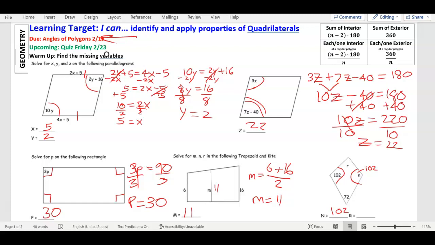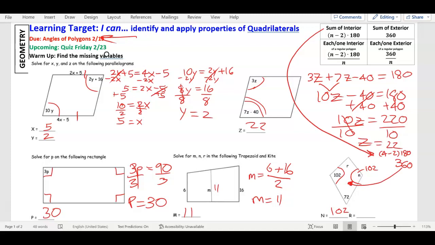It is 360. Now, if you don't know what they add up to, do you remember this sum of the interior angle formula? Like if you plug in 4 minus 2 times 180, you get 360. Okay? So, just as an aside, you can use this over here. 4 minus 2 times 180 gives you 360. And you know 360 is what they add up to inside of a kite, any type of 4-sided figure.